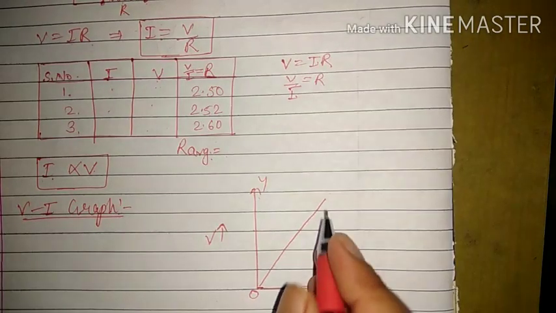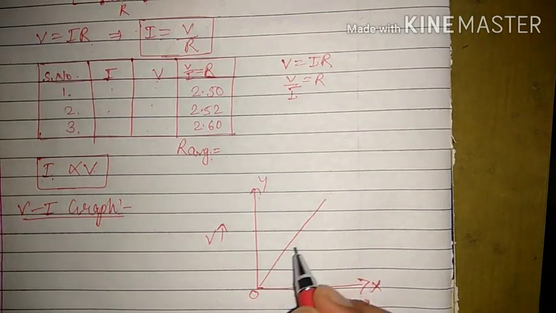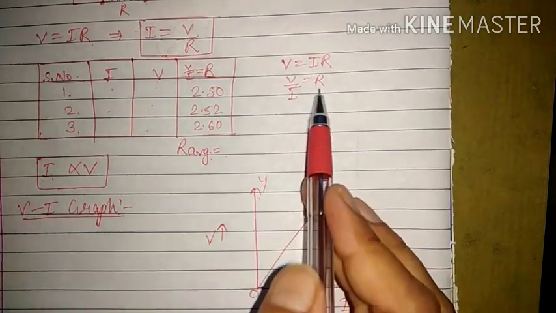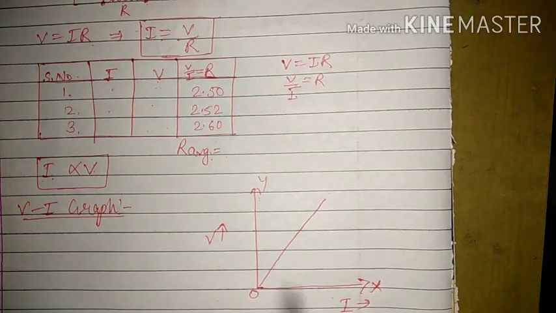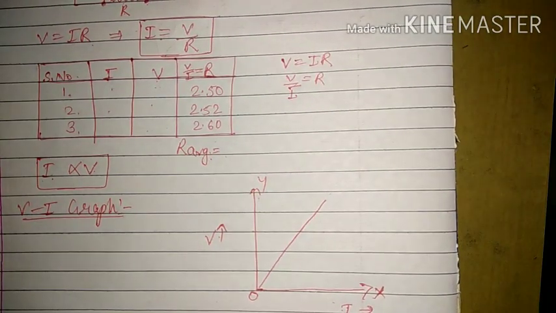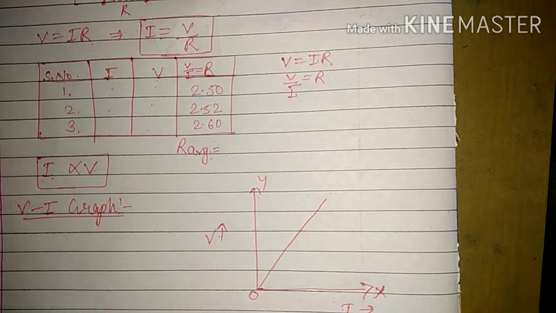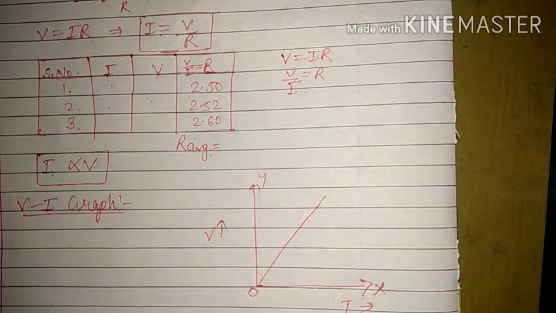Now if we have to calculate the resistance, resistance is the ratio of both these quantities. In class 9th, we had one chapter, one-dimensional motion, where we calculated displacement, velocity, acceleration by the mathematical method as well as by the graphical method.